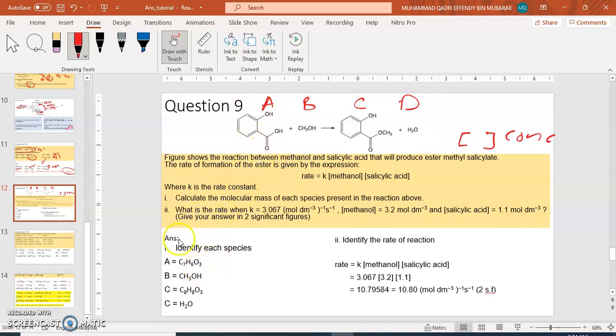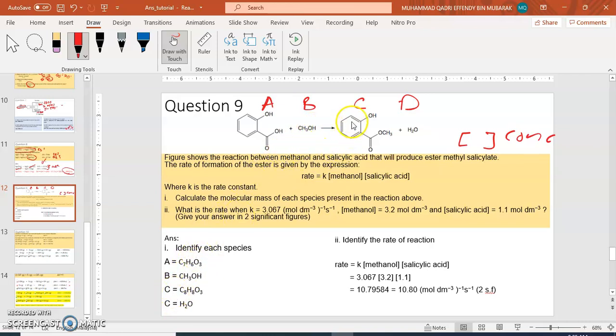So A is C7H6O3. Again, using the concept that we learned before, we can identify the molecular mass for each species, and of course you need to refer to the table to determine the mass of each unit. Then B is CH3OH, so it's easy.